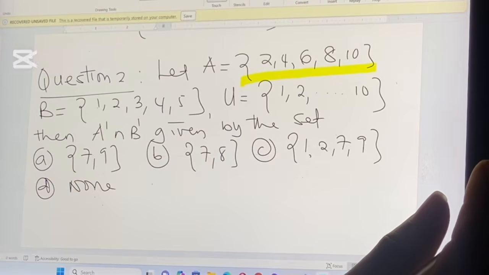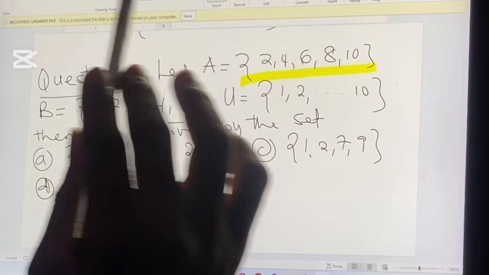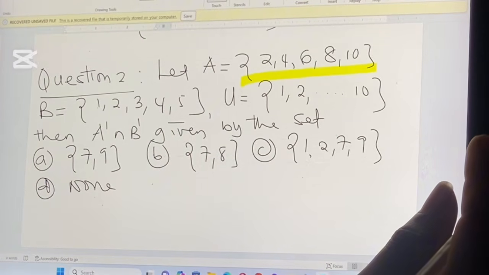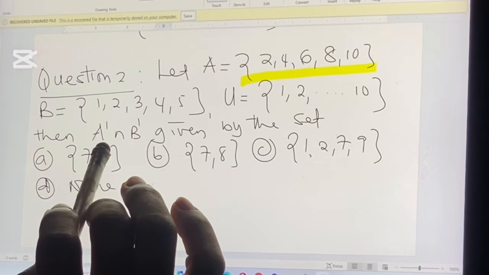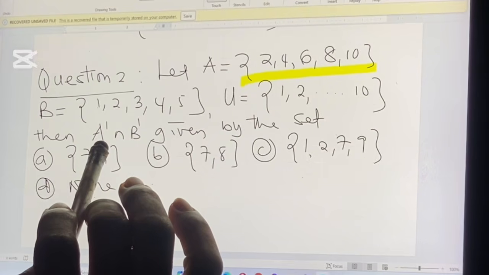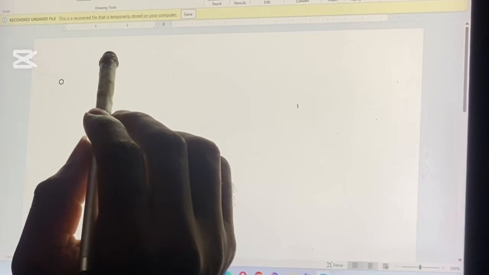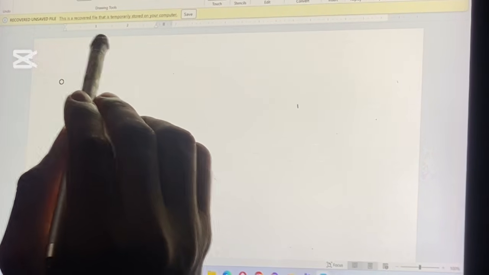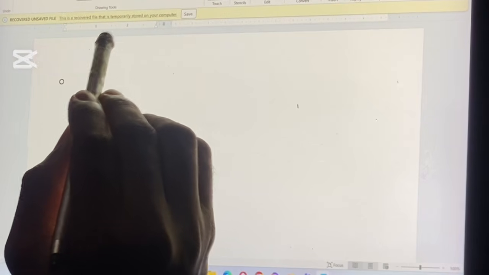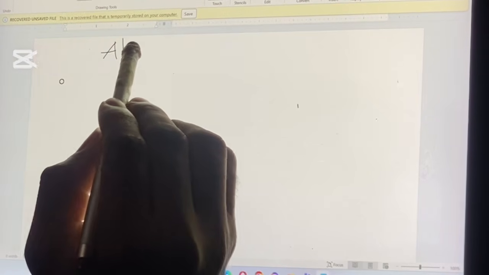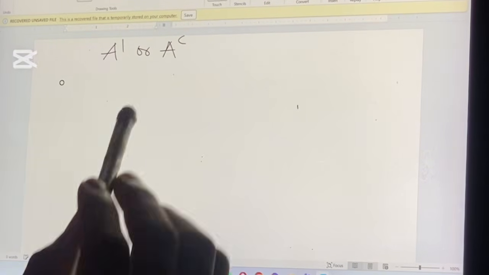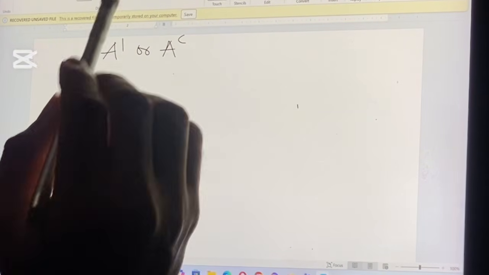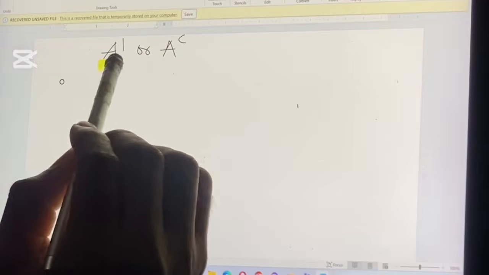Please take notes. So this prime here represents complement of a set. Before we solve this question here, let's know what complement of a set is. This A prime here represents complement of a set. The complement of a set A can be represented as this or this.